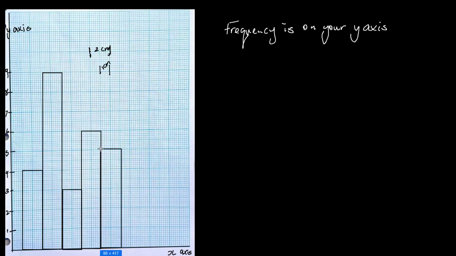Now, usually, let me say this. For the histogram, we don't put any space between them. What I could have done is started this first box exactly at the edge. It doesn't matter. You could have left this space.